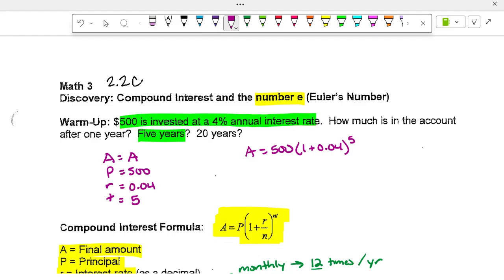Let's round it to 2 decimal places because we're talking money. So it's 608.33. So that's how much money we have approximately after 5 years. Now, that is when we are compounding that interest annually, so once a year.